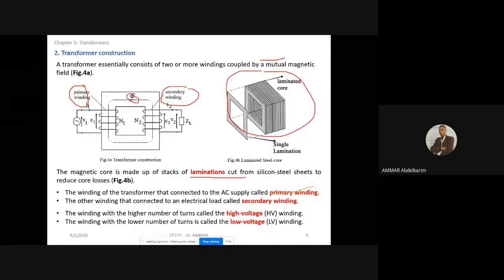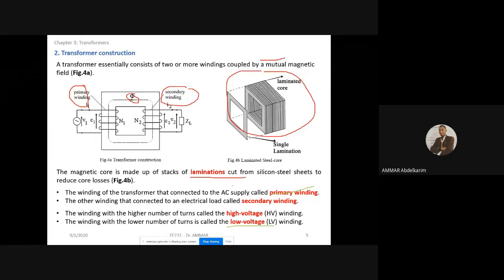So we can call them the primary winding and the secondary winding, and we can call them with another nomination. The winding with the higher number of turns is called the high voltage winding, HV, and the winding with the lower number of turns is called the low voltage winding. So here the high voltage winding can be primary and can be secondary. Also the low voltage winding can be primary and can be secondary, because we have step up and step down transformers.